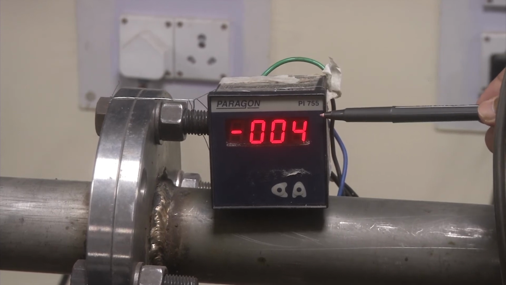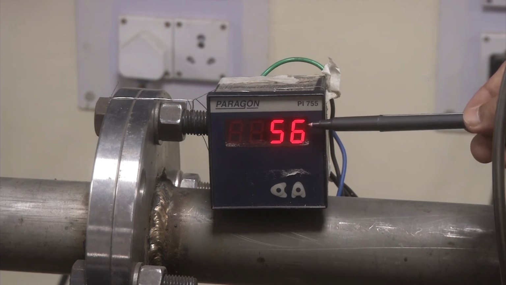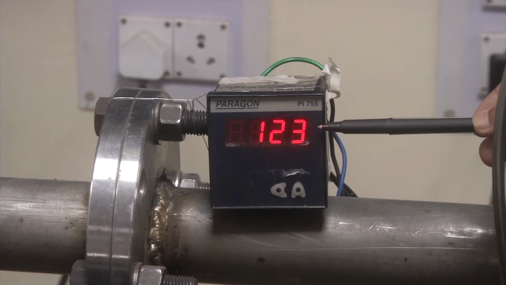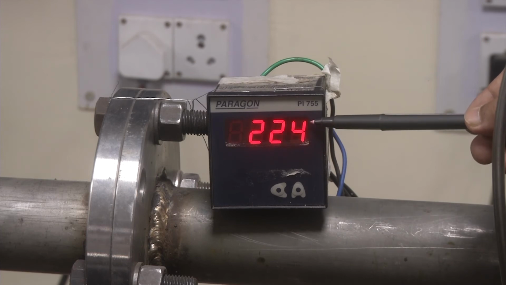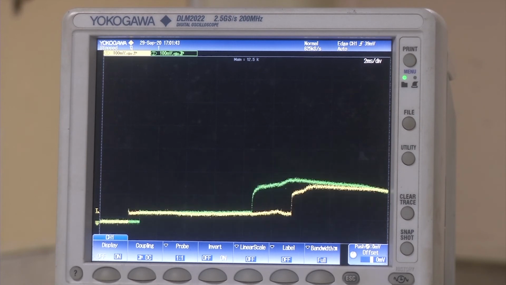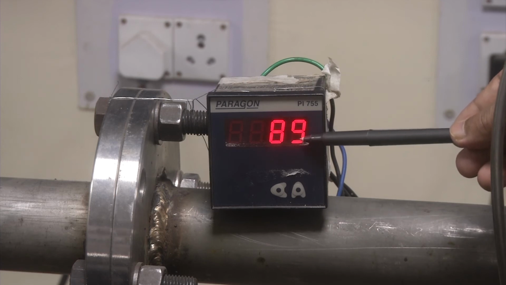Here you see that pressure keeps on increasing, and it is being recorded in psi: 129, 141, 150, 156, 165, 183, 200 psi, 218 psi, 235 psi. You can see that at 262 psi it ruptures, and after this rupture the pressure value comes down.